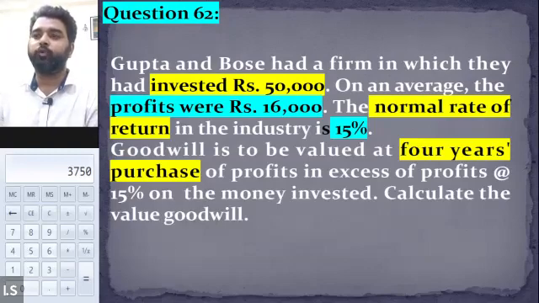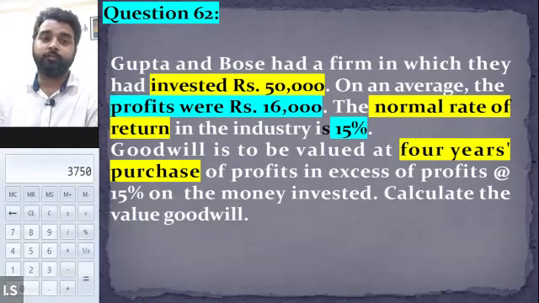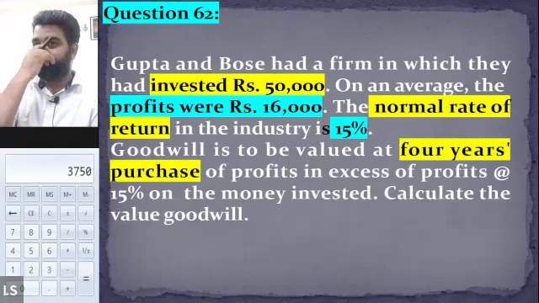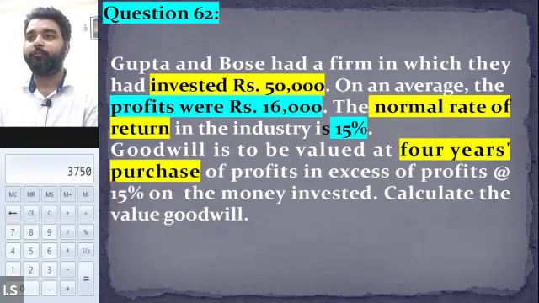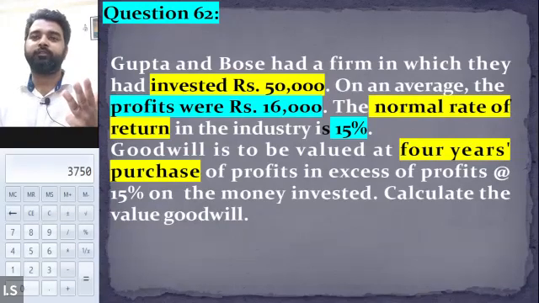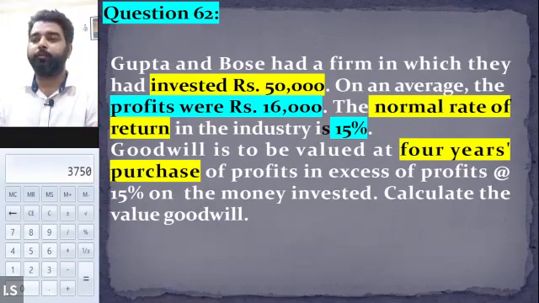That means we need to calculate the goodwill on the basis of the super profit. We need to calculate the goodwill by super profit method. I hope the question is clear to all of you. Capital employed is 50,000, average profit of the business is 16,000, the normal rate of return is given, and the number of years purchase is also given. All we need to do is find out the value of the goodwill by using super profit method.